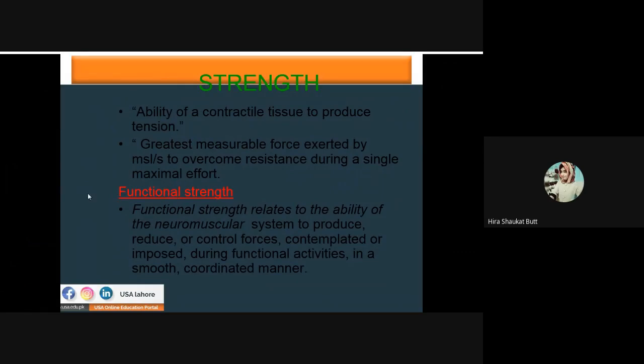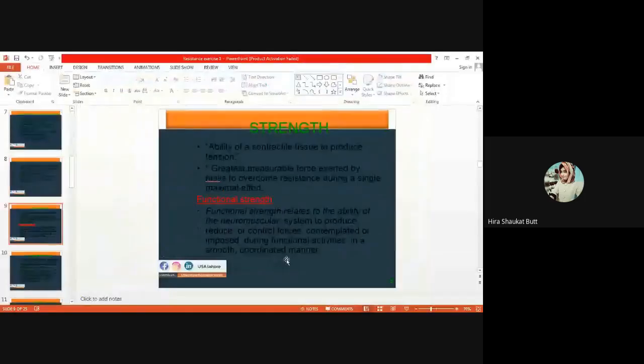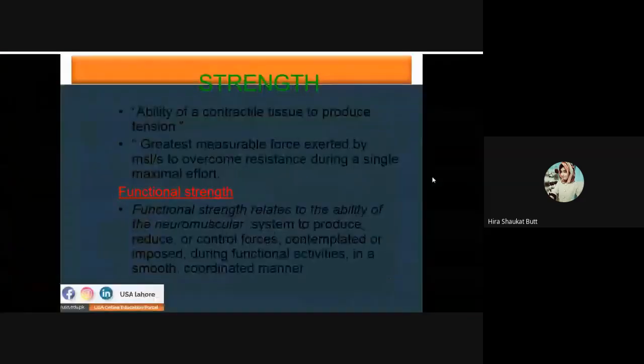The muscle strength. What is muscle strength? Ability of a muscle tissue to produce tension is known as muscle strength. So basically it is a broad term that refers to the ability of contractile tissue to produce tension and the resultant force based on demands placed on the muscles.